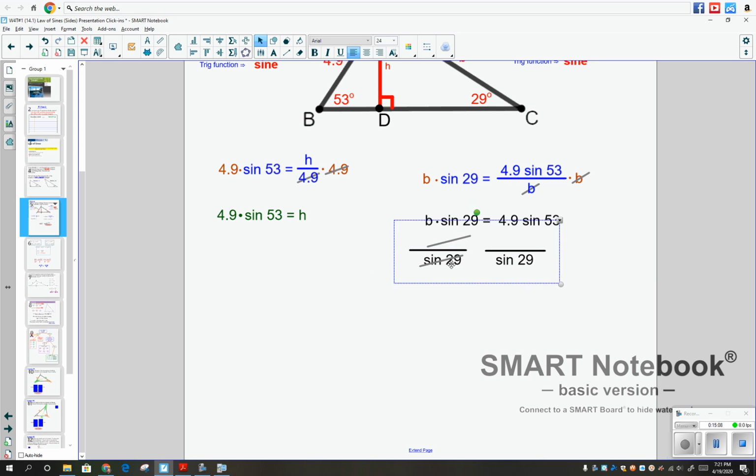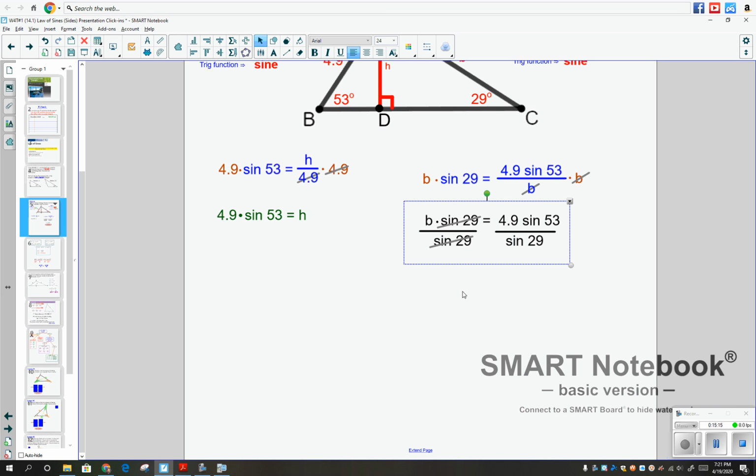So how do I do it? I'm going to divide by it. If I divide the left side by sine of 29, they will cancel out. Leaves me with just B equals 4.9 times sine of 53 divided by sine of 29, which ends up equaling 8.071.